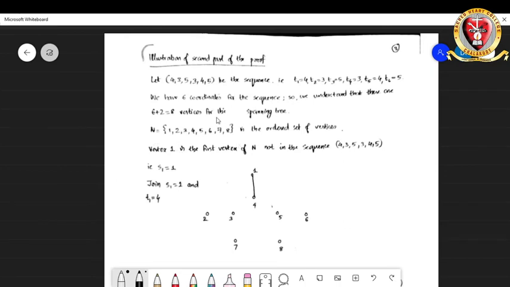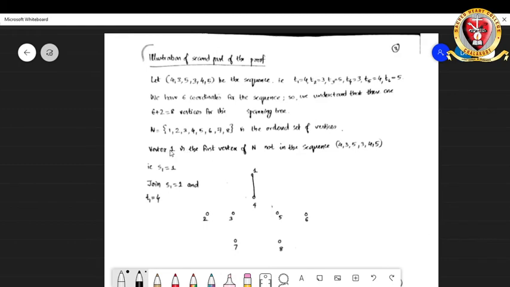And here the position of the vertices are kept the same as for the earlier spanning tree, because we have to show that the same tree is coming by this definition of forming the tree.